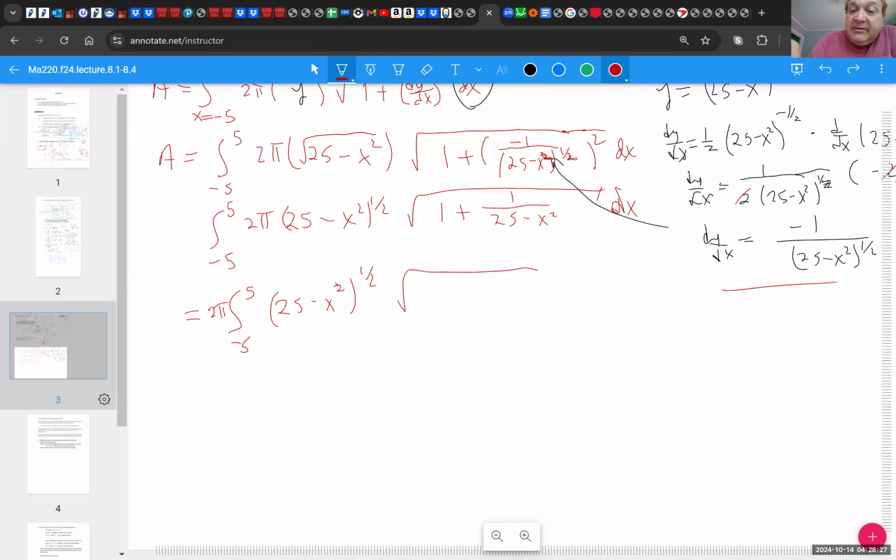I have to get common denominators to add two fractions, so instead of writing this as 1/1, I'll write it as 25 minus x squared over 25 minus x squared. Why am I doing that? So I have the same denominator. Same thing over itself is the same as 1. But now I have the same denominators.